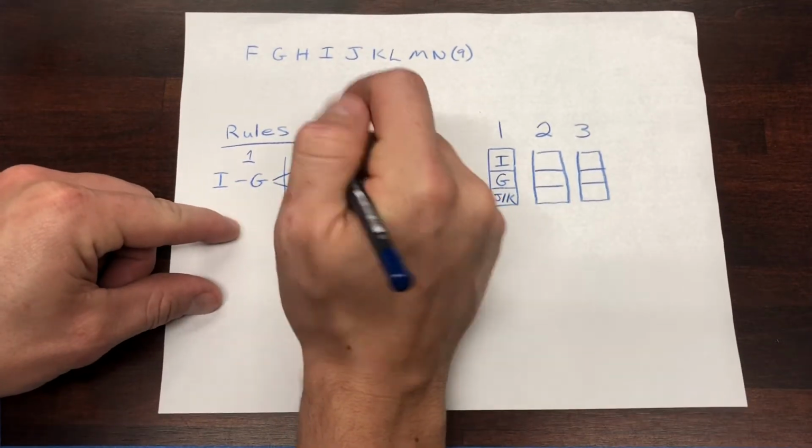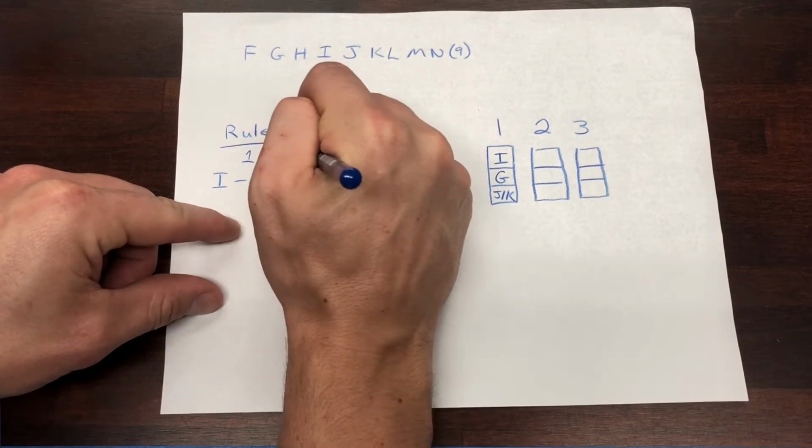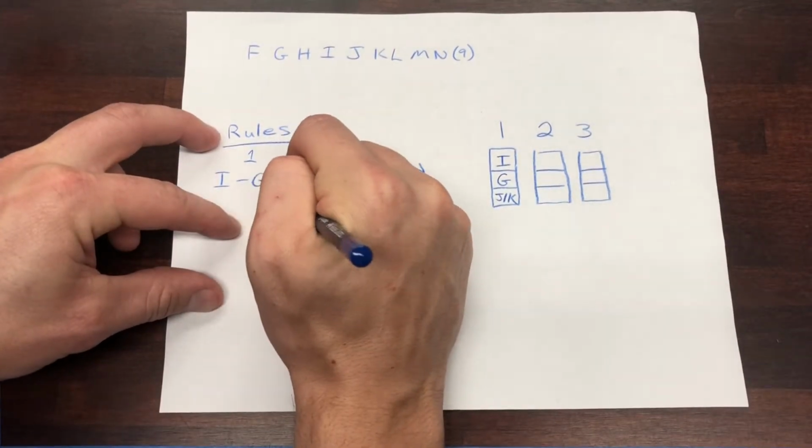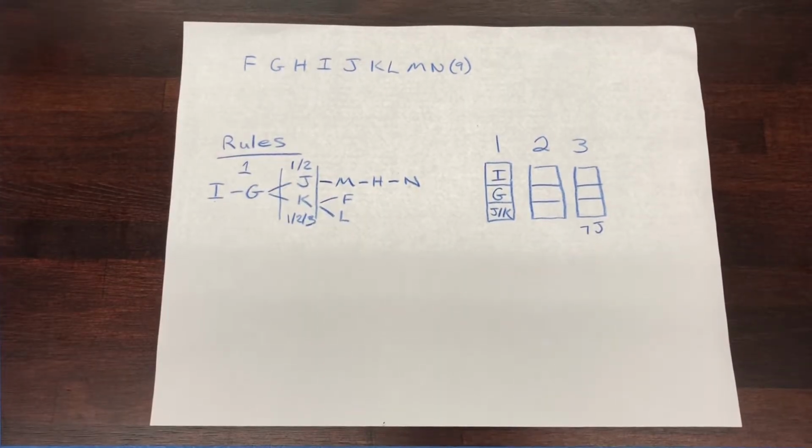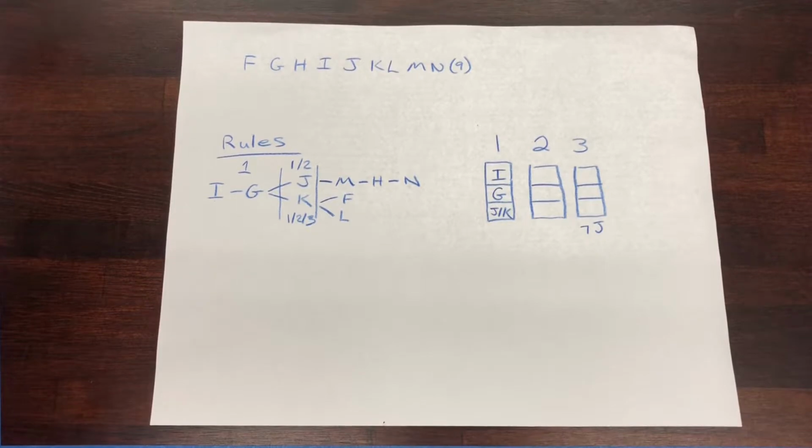J has to be in 1 or 2, but K could be in 1, 2, or 3. So this is all of our board, all of our inferencing, and now we're going to move on to answer the questions.